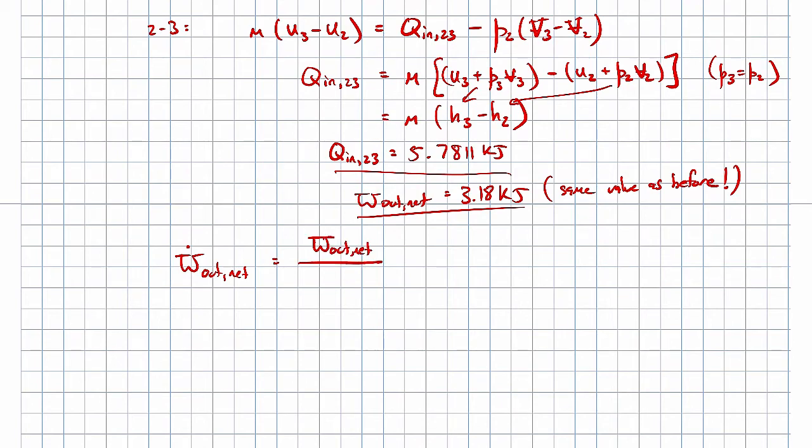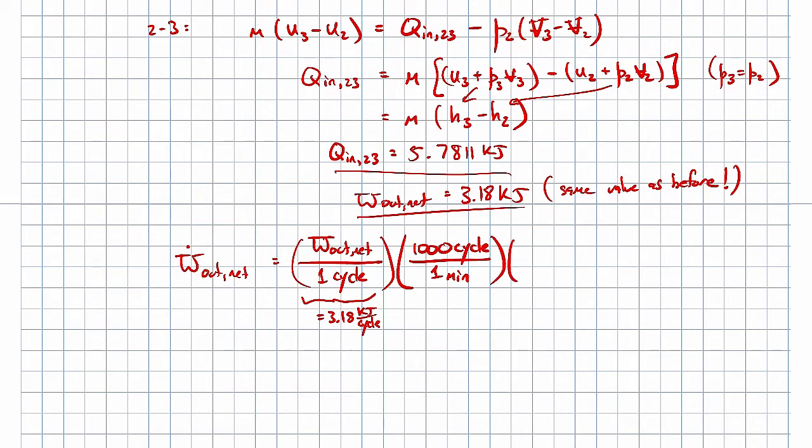So we know that value. That was what we just calculated. That's the 3.18 kilojoules per cycle, right? And then we're told that the engine is operating so that we're doing 1,000 of these cycles per 1 minute.